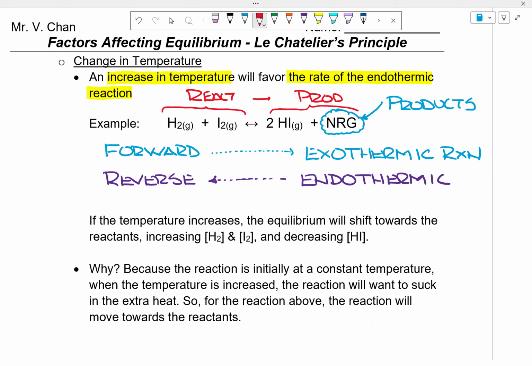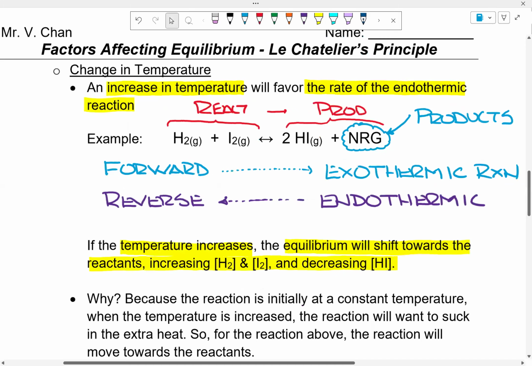So in this case, if we look from left to right, the energy is in the products. So if the temperature increases, the equilibrium will shift towards the reactants, increasing the concentration of H2 and I2, decreasing HI. Again, for this particular reaction only.